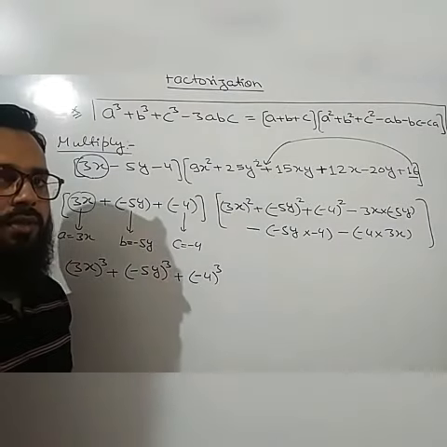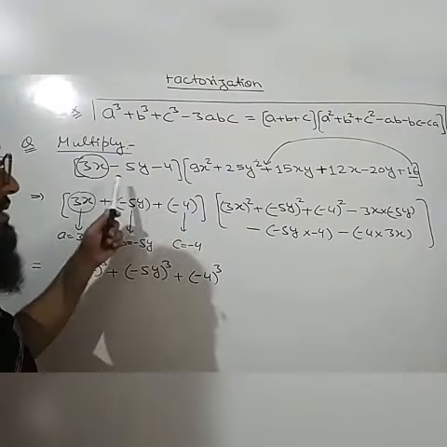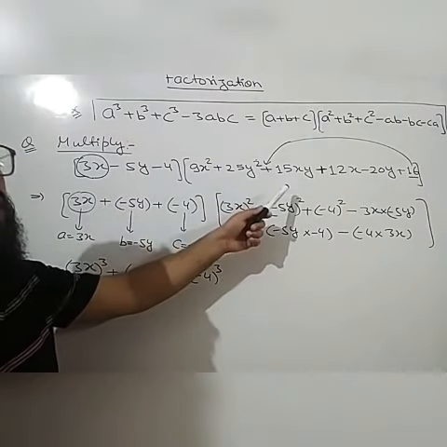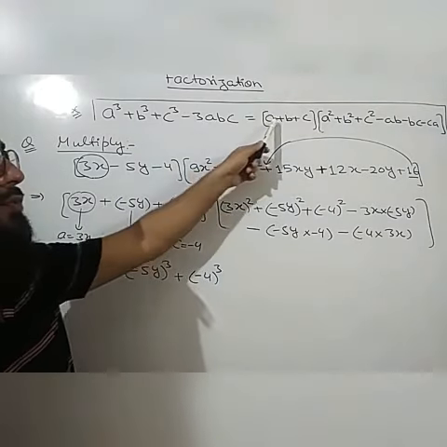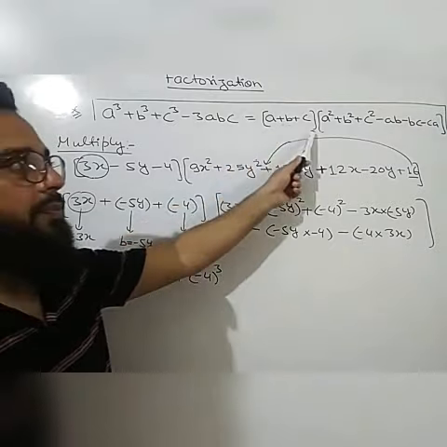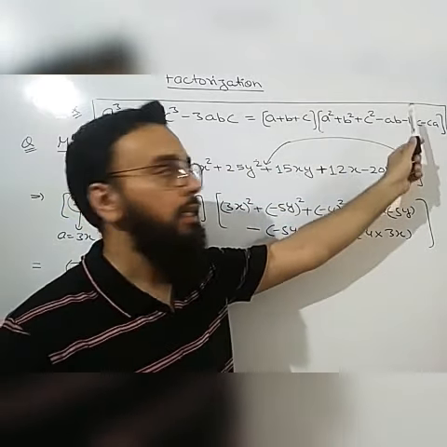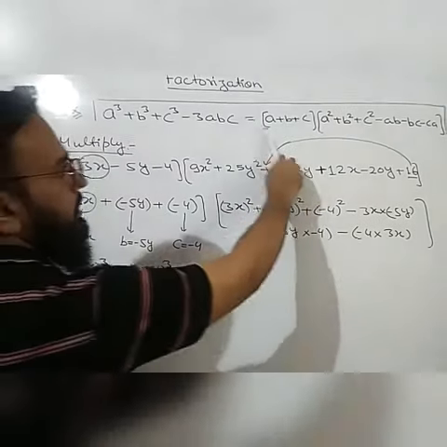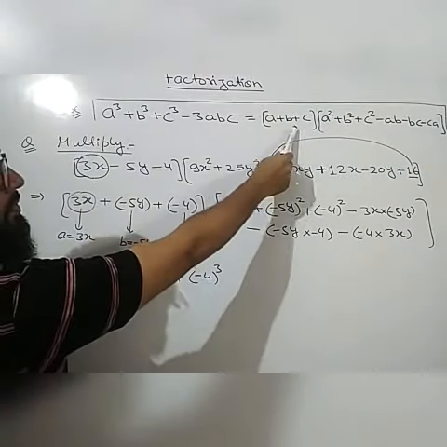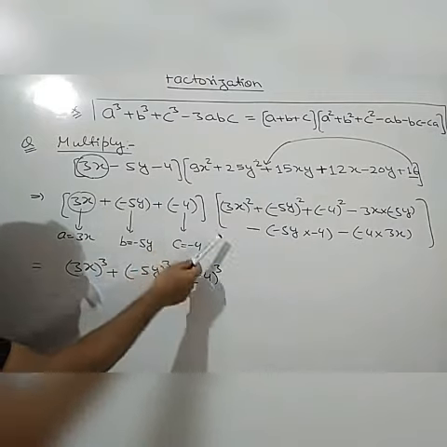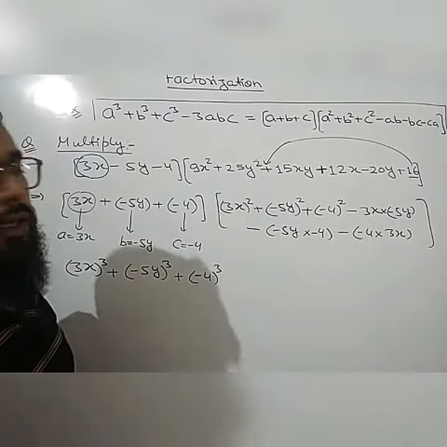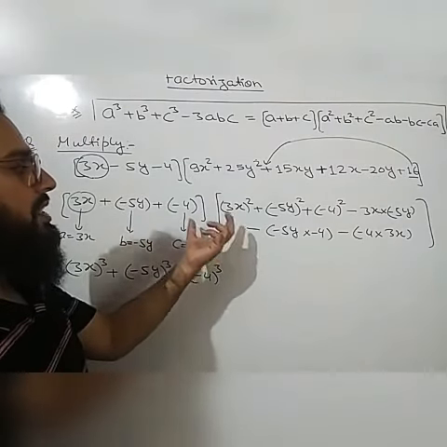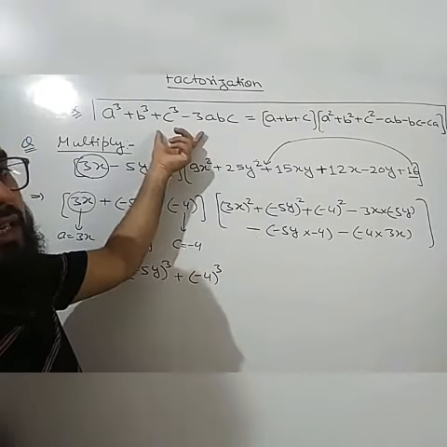Are you able to understand what we have done? First, we have converted the given expression in terms of the expanded form of identity, that is a plus b plus c, a square plus b square plus c square minus ab minus bc minus ca. So first we have converted the given expression in this term. For that we have changed the sign somewhere and converted it. Now these two are the brackets which are the factors of this particular identity.